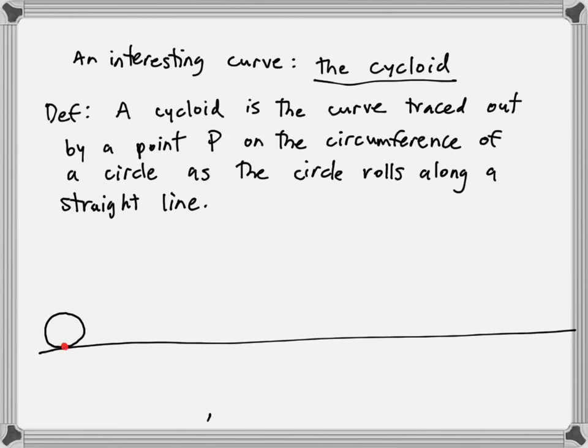Let's say this dot down here, you call it P, and then you roll this quarter. You roll this quarter to the right, and I want you to look at the point P, and it's going to trace out a curve. So the curve that gets traced out as you roll this is going to look something like this. Right? Each time that it hits the floor, it means that it's gone around once, right? The point P.